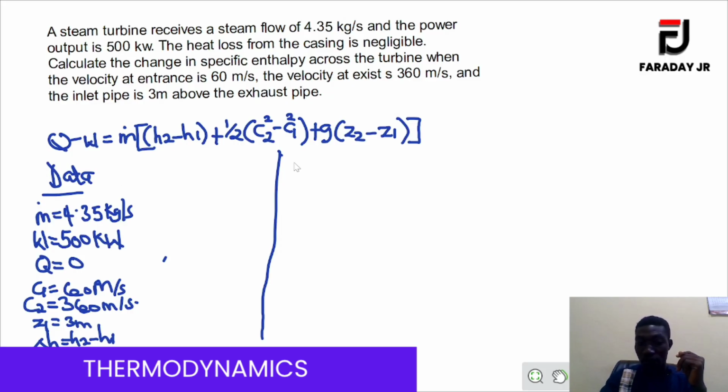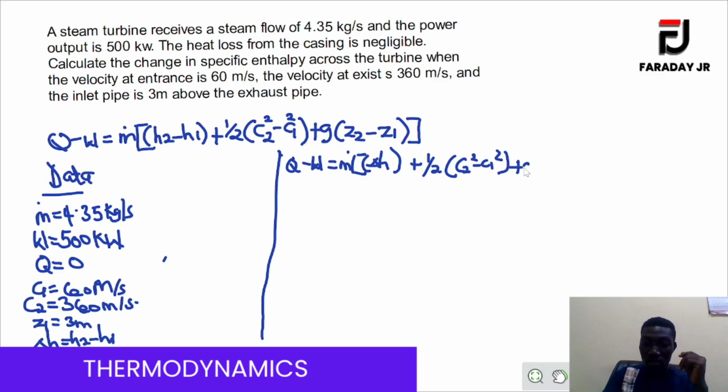So you have Q minus W equal to the mass multiplied by our change in H, plus half of C2 squared minus C1 squared, plus g times open bracket Z2, which will be 0, minus Z1, which is 3.